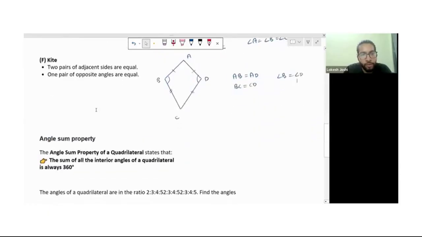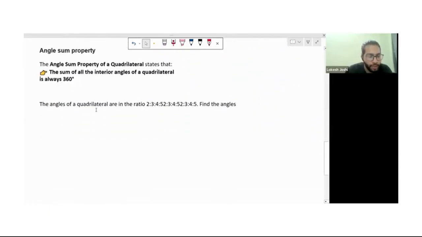Now we are ready to define the angle sum property. The angle sum property states that the sum of all interior angles of a quadrilateral is 360 degrees.